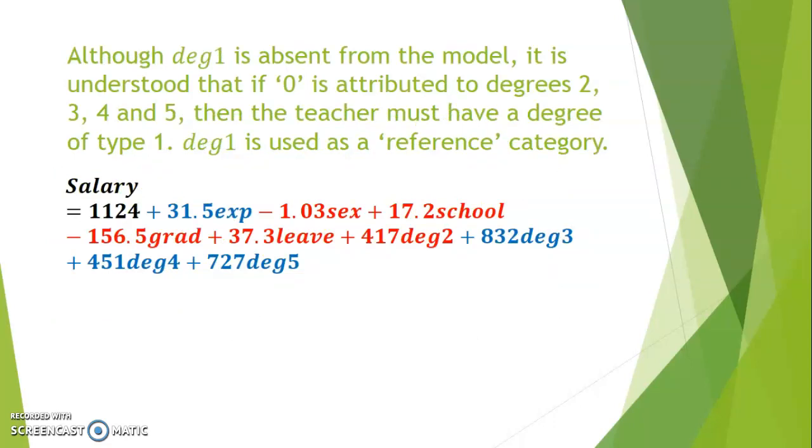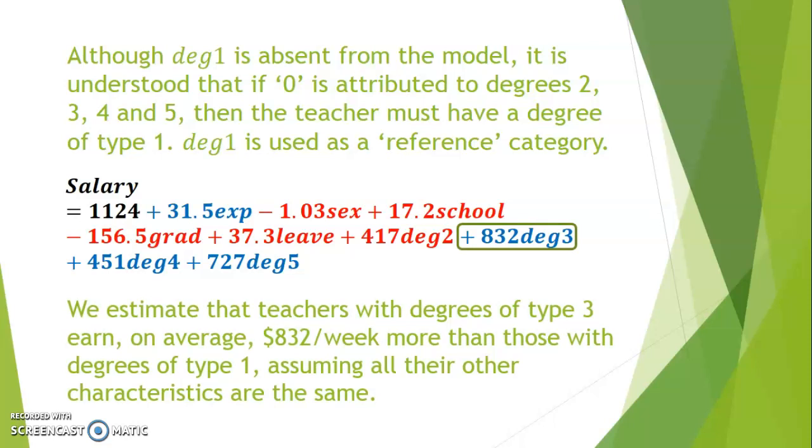Although degree 1 was absent from our model, it is understood that if 0 is attributed to degrees 2, 3, 4, and 5, then the teacher must have a degree of type 1. So by elimination, you don't need to include all n categories, but rather n minus 1. Degree 1 in this case, although it's absent, is used as a reference category.